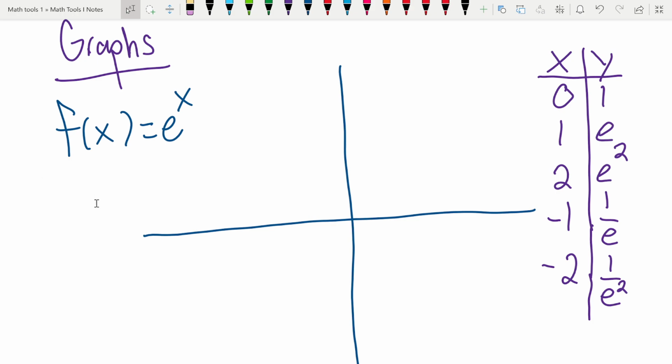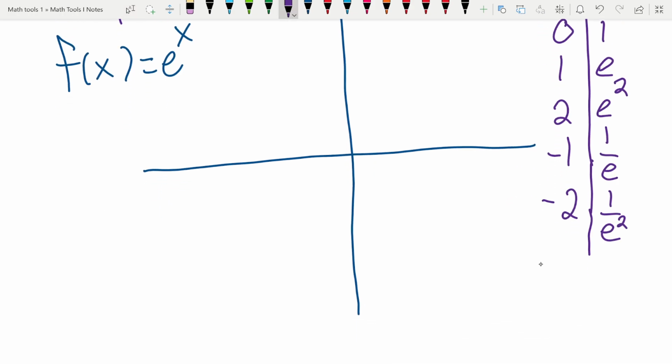What I want to look at is what would happen if we put in like -100. Okay. And we can write that down actually, -100. So this is going to be 1 over e to the 100th. Now, e to the 100th is a very large number, very large.